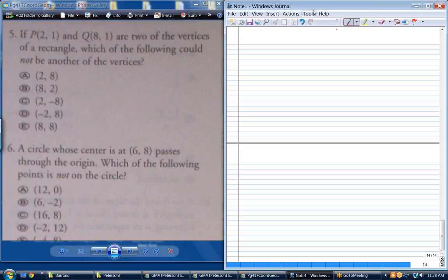Okay, we have 2 of the vertices of a rectangle. Which of the following could not be another vertex? What is a vertice? Corner. Okay, corner. So 2 comma 1, that's P, and 8 comma 1.